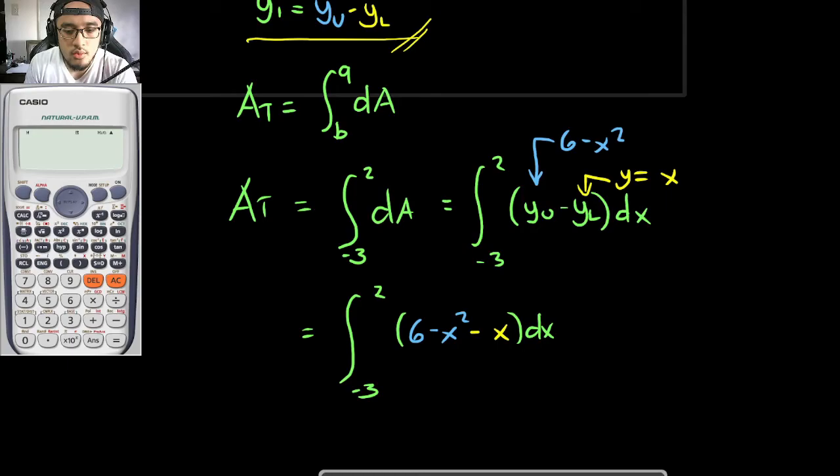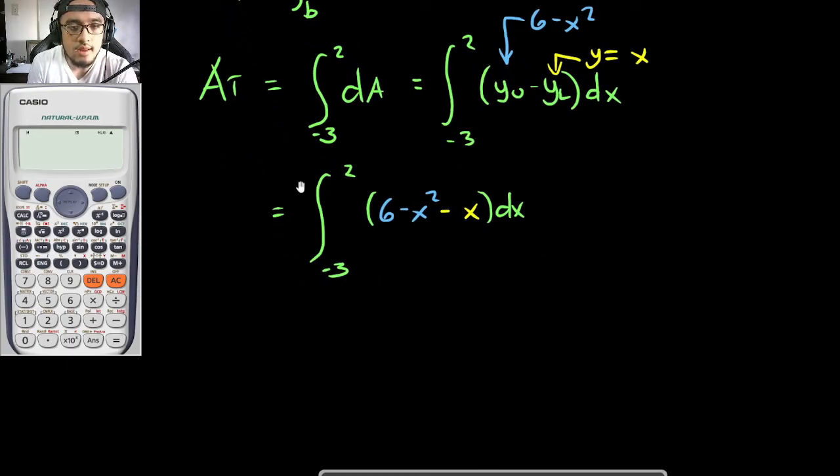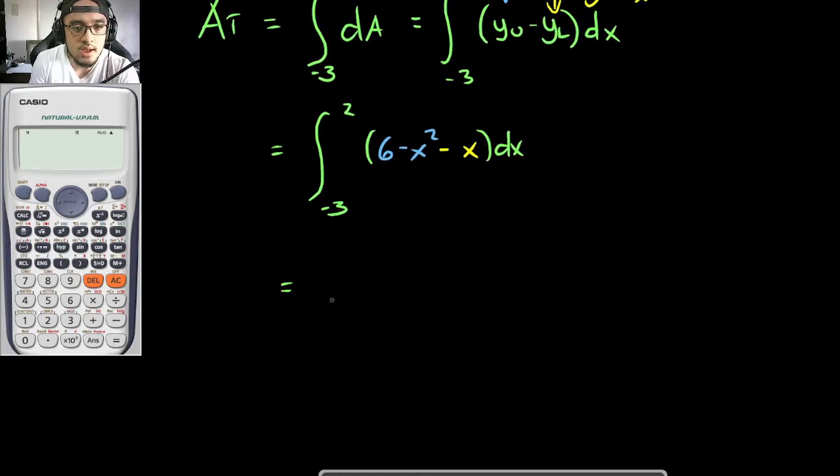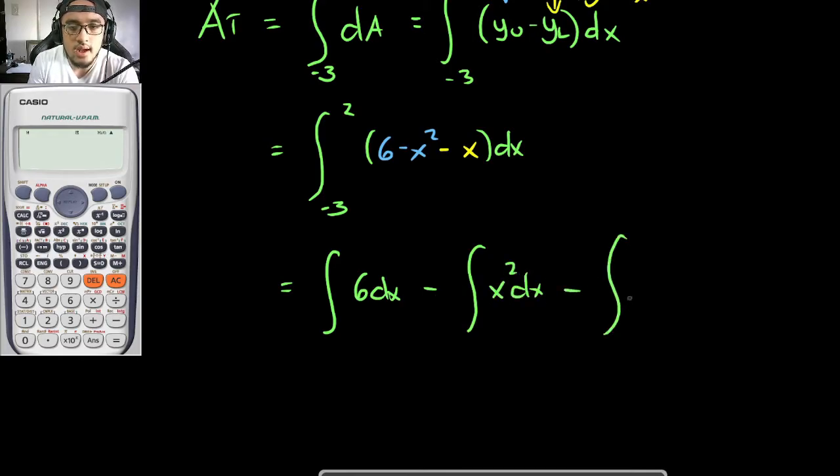What we would do next is integrate this function. This can be rewritten as the integral of 6 dx minus the integral of x squared dx minus the integral of x dx, all with the limits of negative 3 to 2.